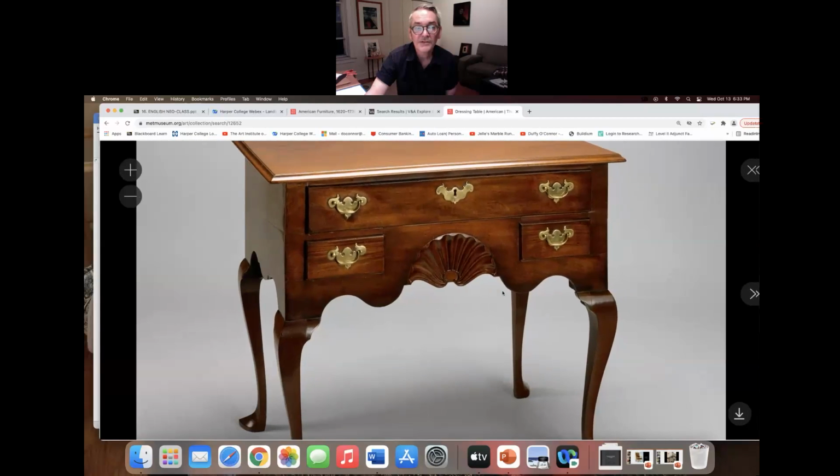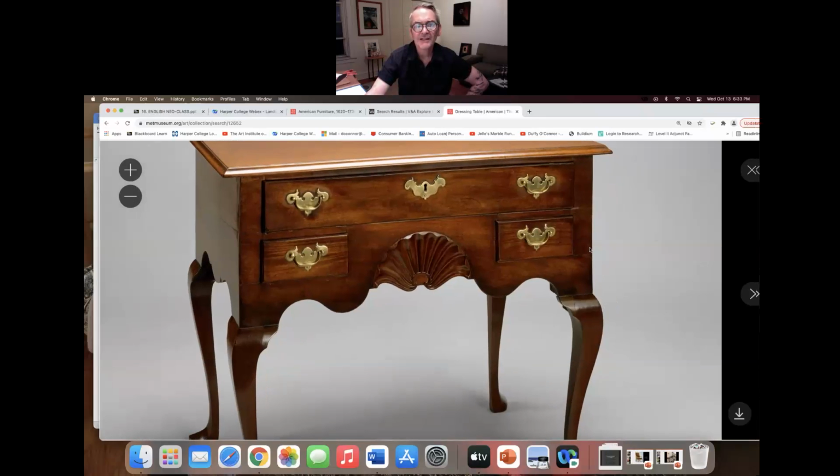And you see some of these brass pulls. This starts to become really their ornament in some respects. Sometimes the only ornament is this relatively simple brass, but it's really kind of nice with that wood.